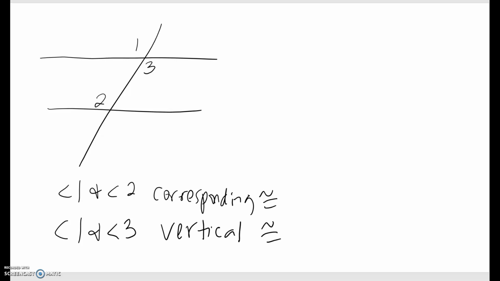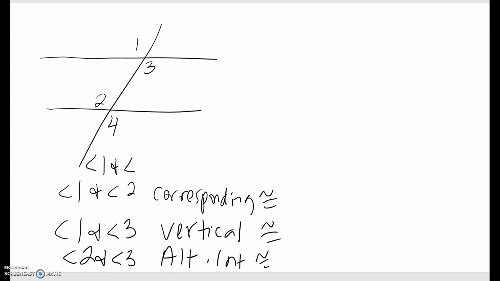And those are congruent. Okay, then we have 2 and 3 are alternate interior, and those are congruent. And then if we put 4 down here, 1 and 4 are alternate exterior, and they are also congruent.